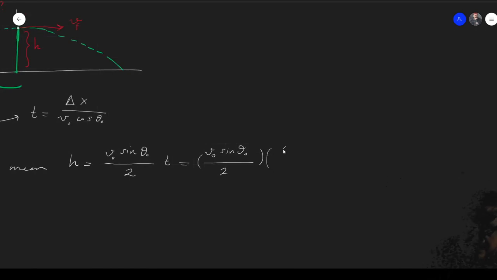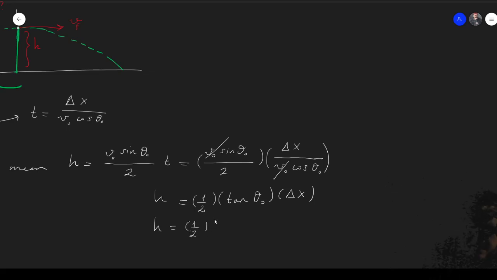So you have delta x over v naught cosine theta naught. Now the v naughts cancel, which is good, and we're left with sine theta over cosine theta, which is a tangent. So we have 1/2 times tangent theta naught times delta x, that is h.